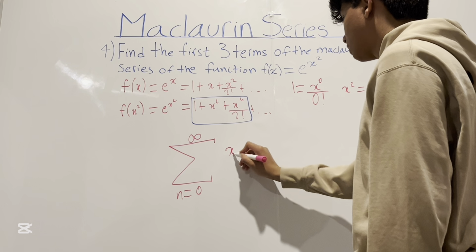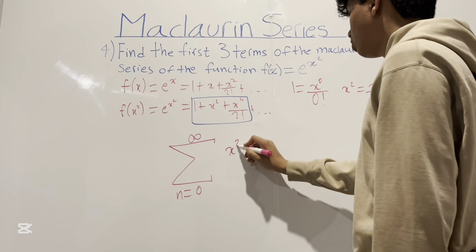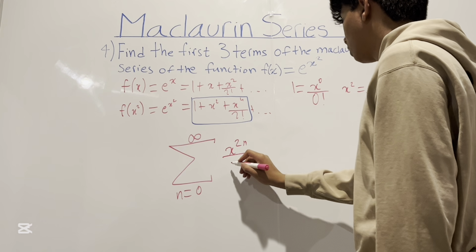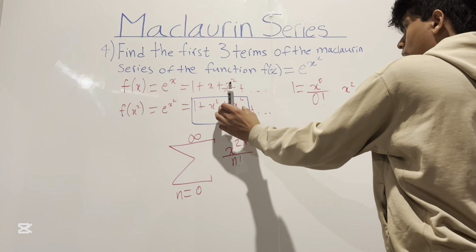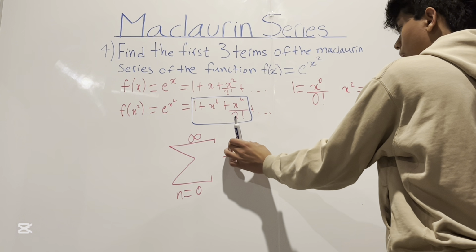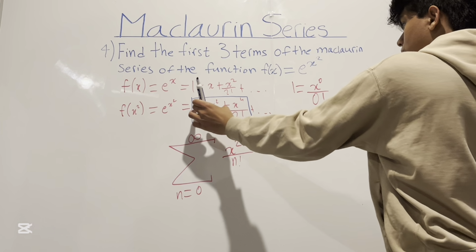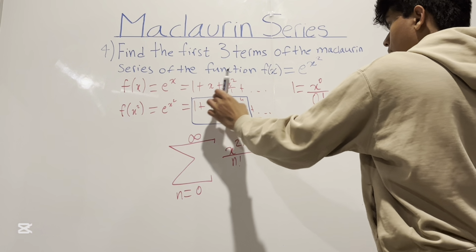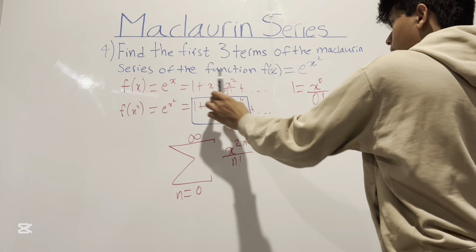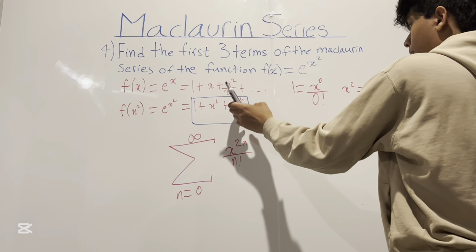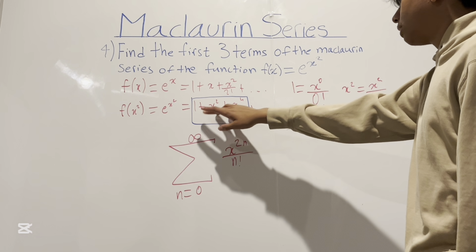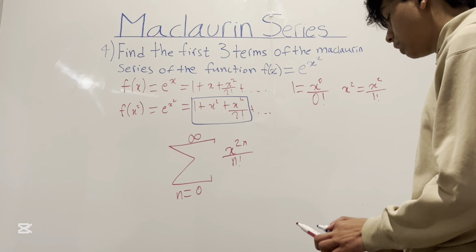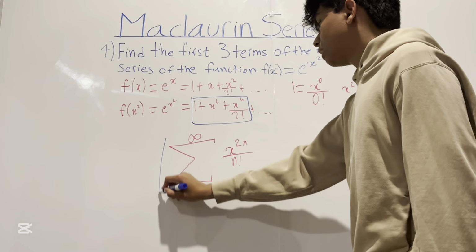So x to the, this is going to be 2n divided by n factorial, because the exponents are increasing by 2, and it's only 2n because it's even terms. So this is the 0th term, the second term, 0th exponent, second exponent, and x to the 4. And the signs aren't switching, so there's no negative 1 to the n. So these are our final answers.